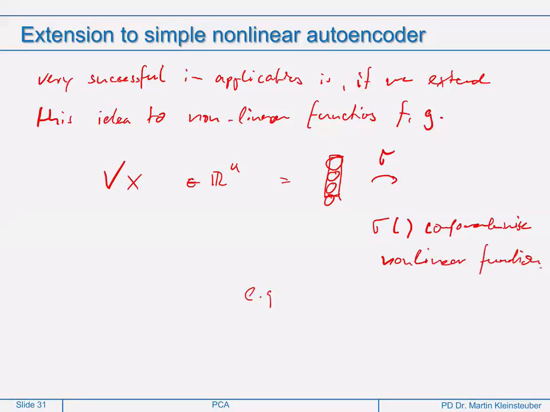For example, sigma of t is 0 if t is negative, and t if t is greater or equal to 0.